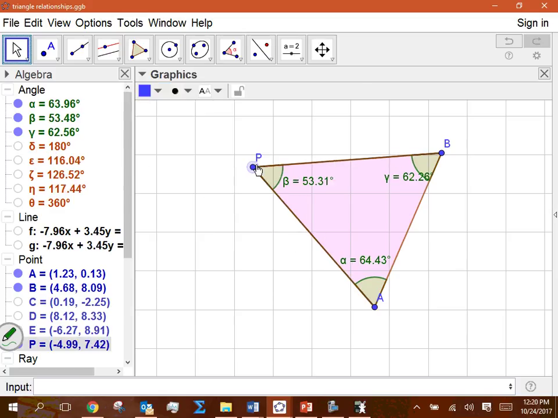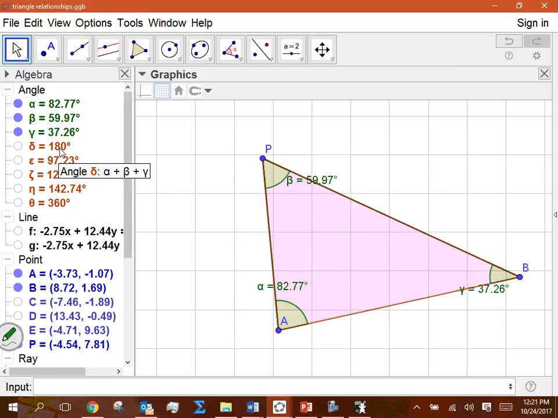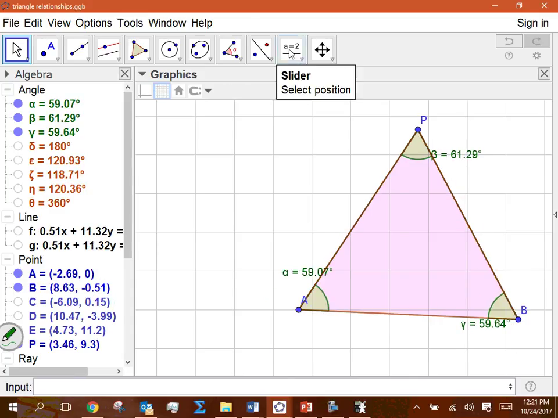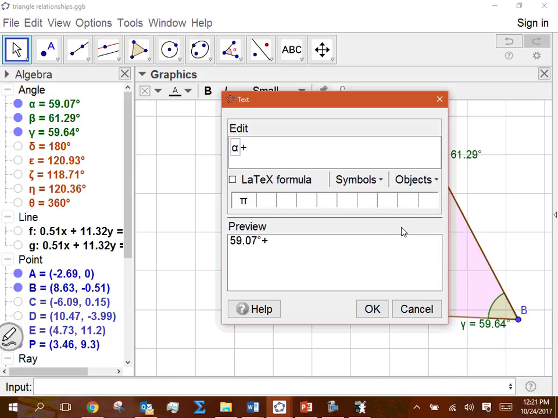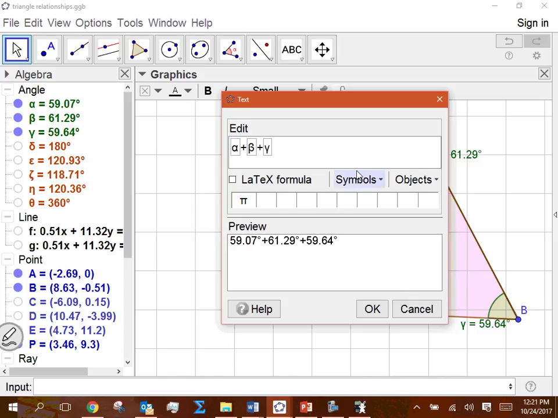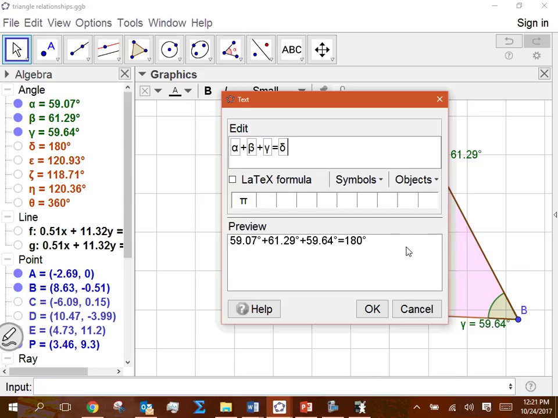So it's allowed to change. But as I move those angles and alpha, beta, and gamma all change, what is maintained with that number right there? It always stays the same, doesn't it? Okay. And you could see that maybe if we do it this way. Let's see here, alpha plus beta plus gamma, and then see what that is equal to, which is that one.